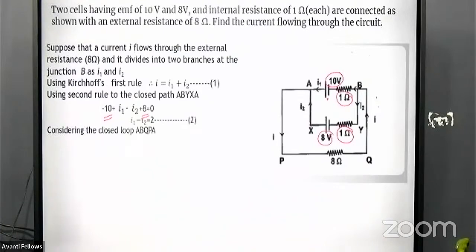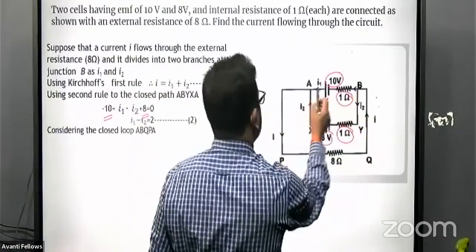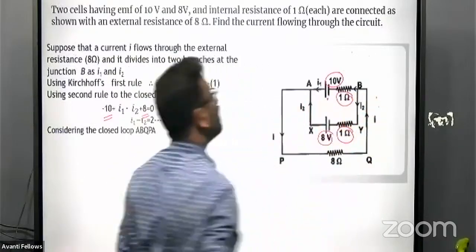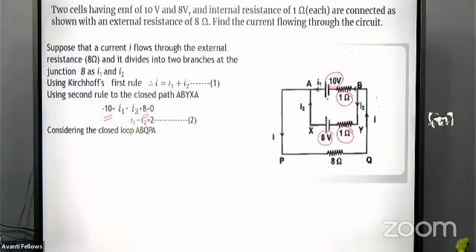Then the other loop we consider, that is ABQPA, the bigger loop. When we consider that loop, similarly the 10 volt is negative, I1 is positive. Then for that 8 ohm, the potential difference developed there is positive. So 8I, we get an equation 10 plus I1 plus 8I equals 0.